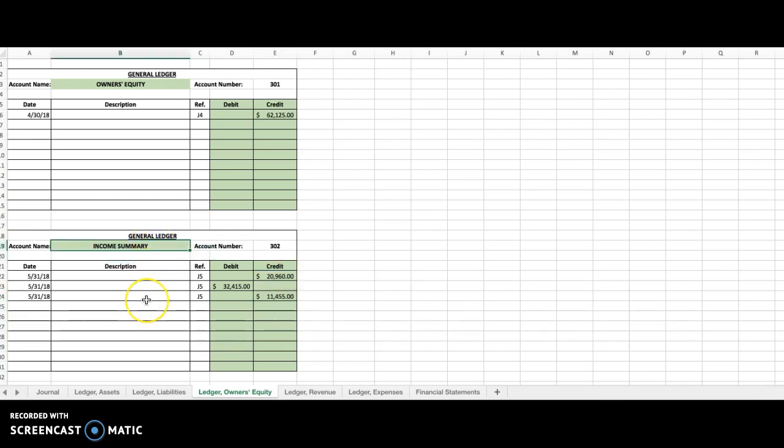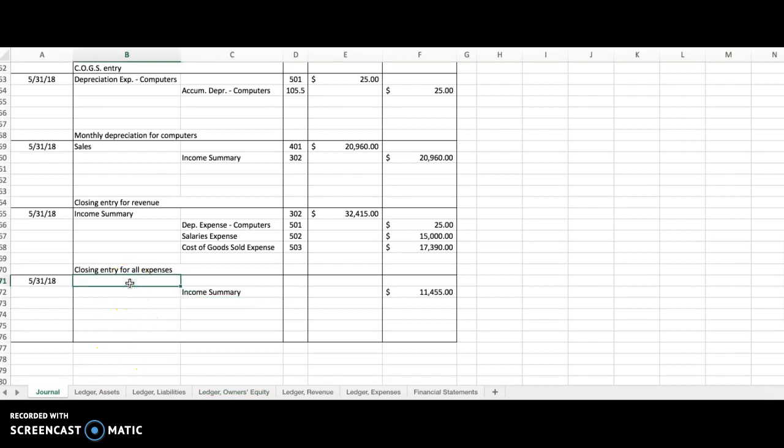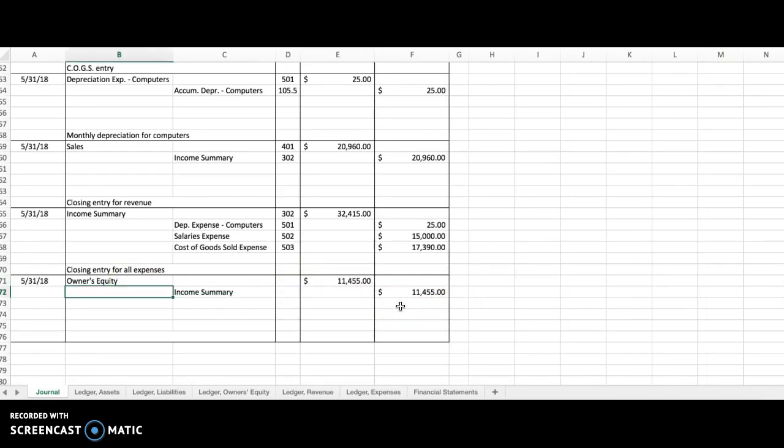Now we finally get to the point where we use the owner's equity account, because in this last entry, owner's equity is used. And it has to be debited because we've already had a credit in this entry. So it's got to be debited by $11,455.